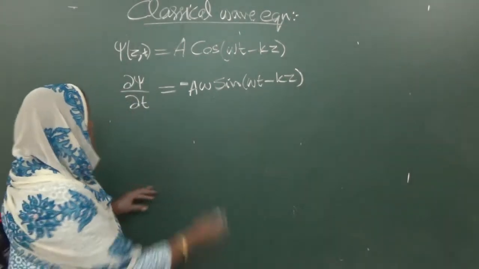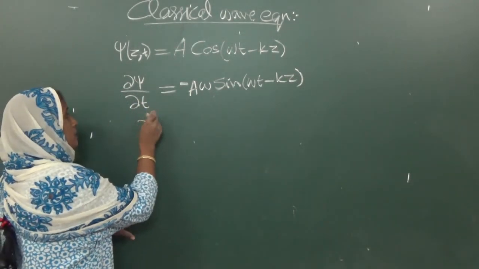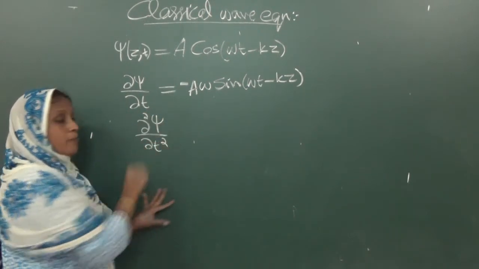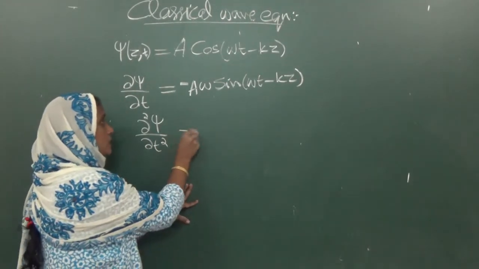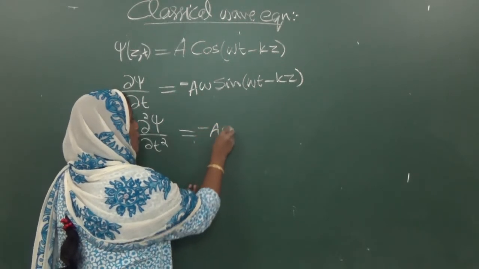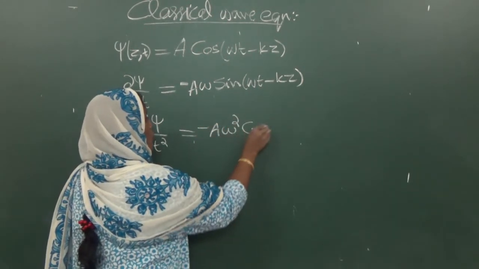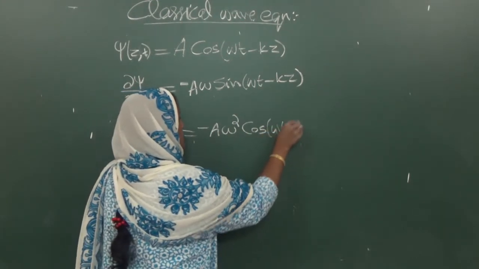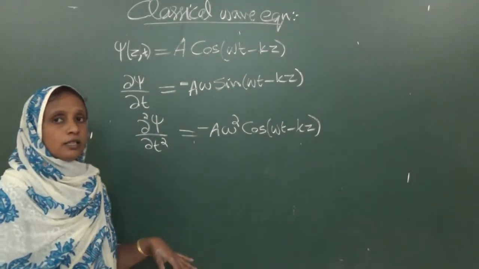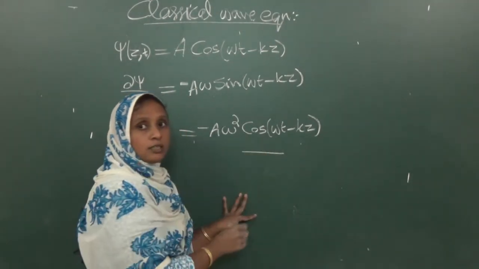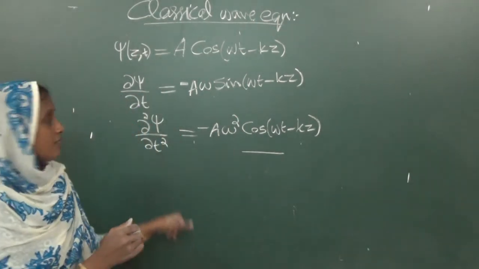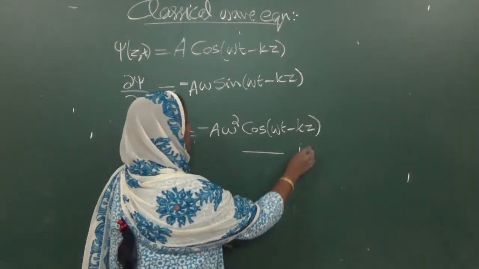Now once again taking the derivative with respect to time, dou square psi by dou t square, this is equal to minus a omega square cos omega t minus kz. This is equation 1.